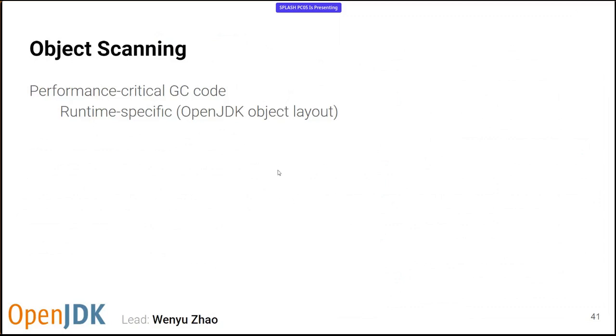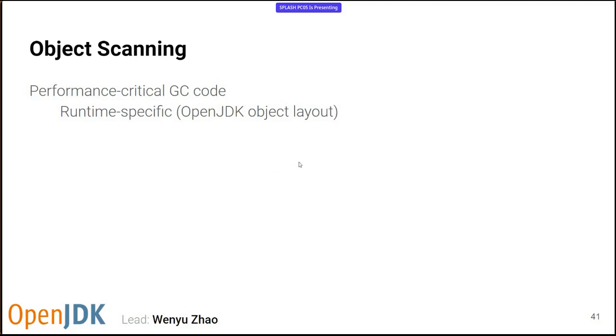So I'm going to give you an example here of object scanning, and this is coming, I think, to one of the questions you asked before. This is performance critical GC code, which is runtime specific. So this sits in the binding, but we want it to sit in the Rust part of the binding because we want this to be really, really close to the heart of MMTk core, but it's reflecting the semantics and the organization of OpenJDK.